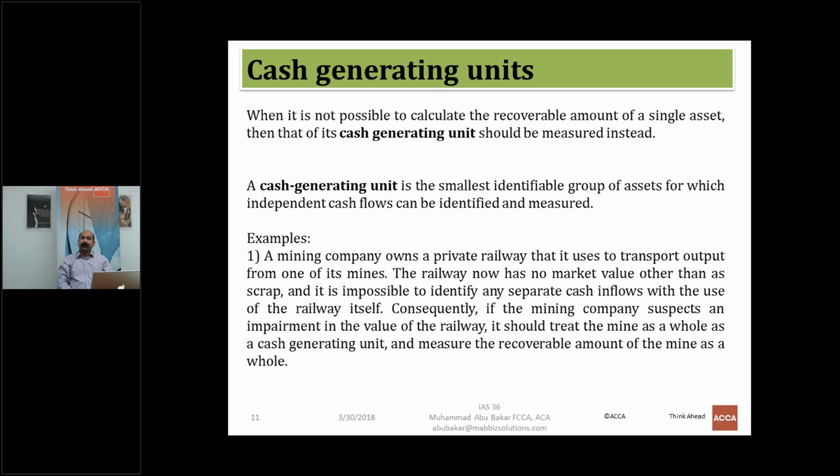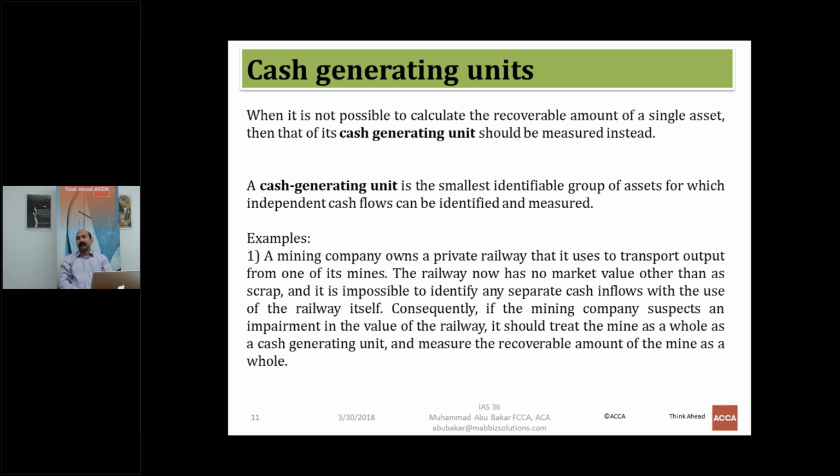Like you may have an asset that does not generate cash flows, so value in use cannot be determined, and similarly it may have an insignificant selling price. So the calculation of the recoverable amount is not possible for that asset.